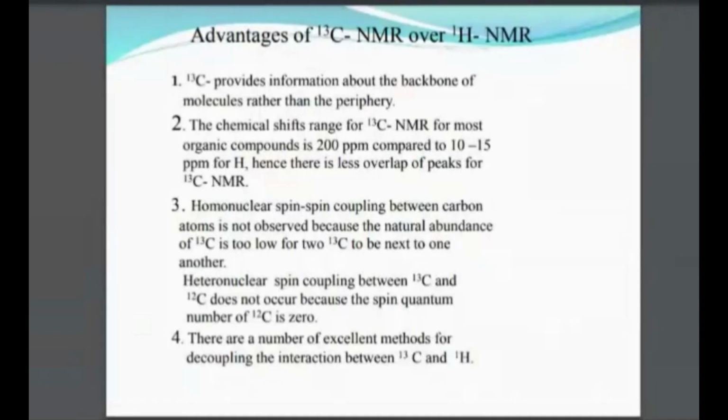That was the scale for H1 NMR. So, there was a possibility that two signals will overlap. But for C13 NMR, the scale is from 0 to 200. It is a larger scale. So there will be overlap, but the chances and incidences of overlap are very rare.